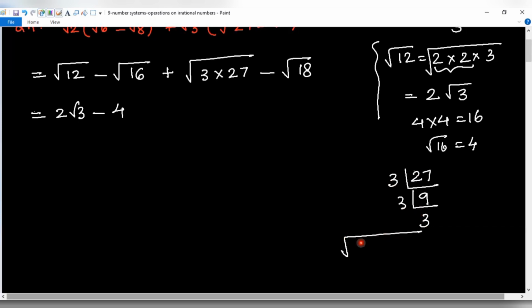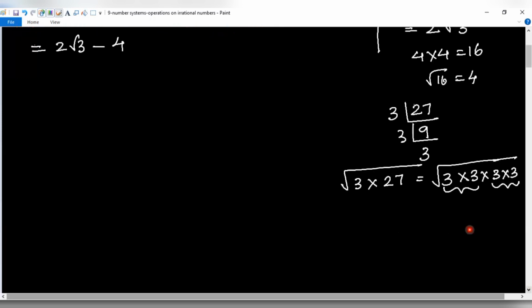So what is root of 3 into 27? We have already one 3 here, and 27 is 3 times 3 times 3. So now we have four 3's inside the square root. From each pair, we can take 1 out.